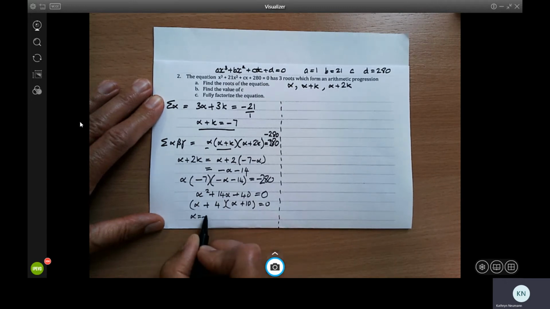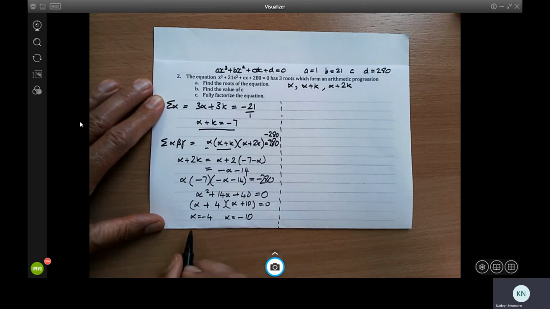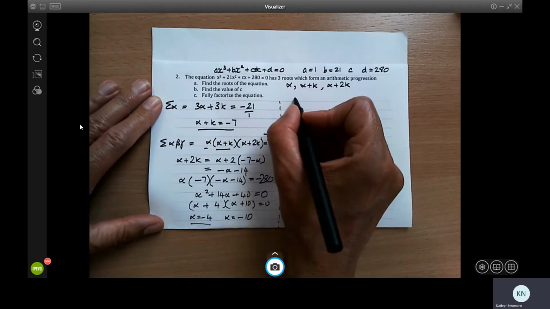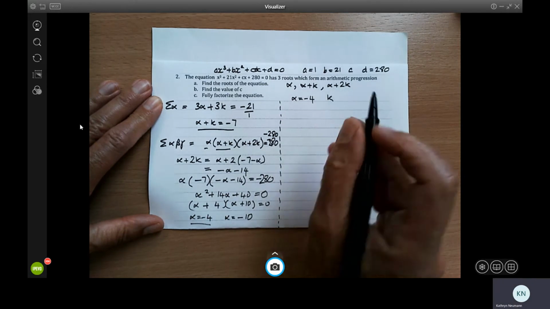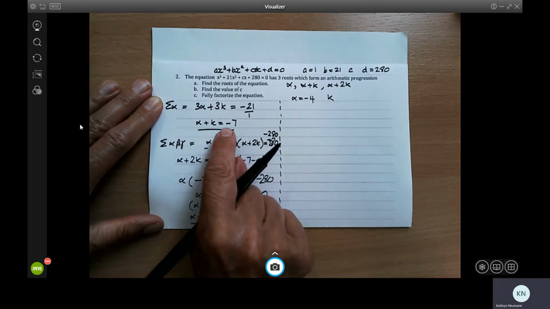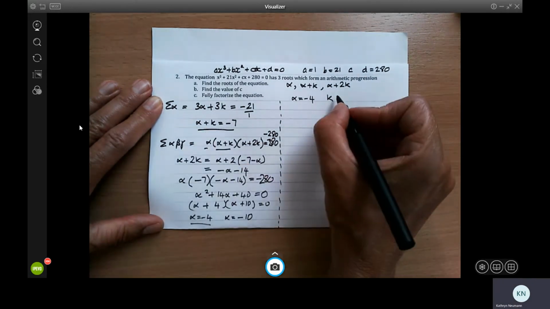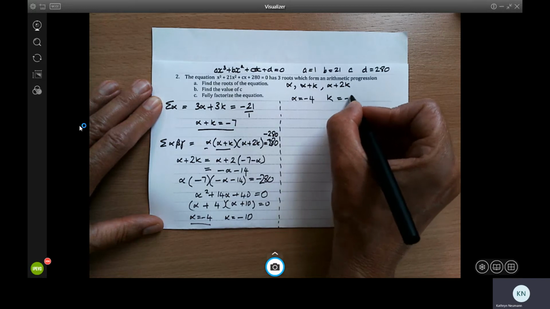So alpha is minus 4 or alpha is minus 10. Now let's see what that means. Let's take first of all alpha being minus 4. If alpha is minus 4, what's k equal to? Well, minus 4 plus something is minus 7, so k is equal to minus 3.